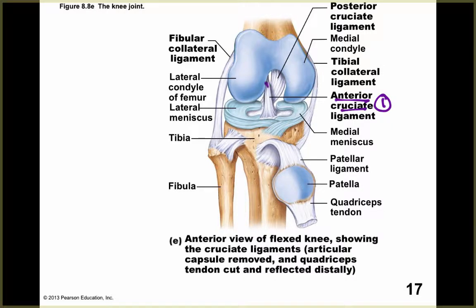So this one in the front is the anterior cruciate ligament, also known as the ACL. And the one that goes towards the back, posterior, is also known as the PCL. So this is one, this is two here.